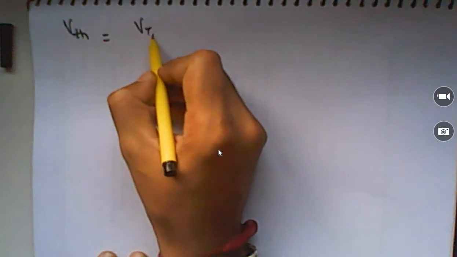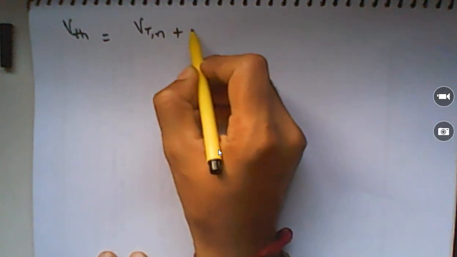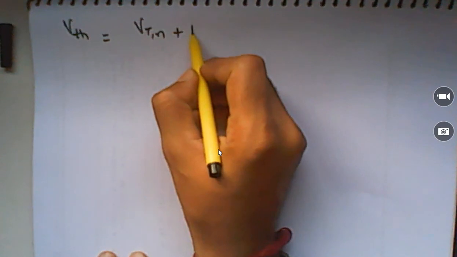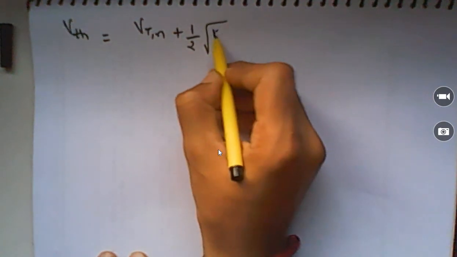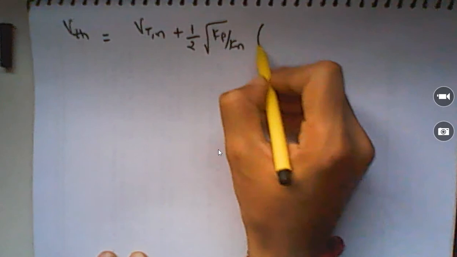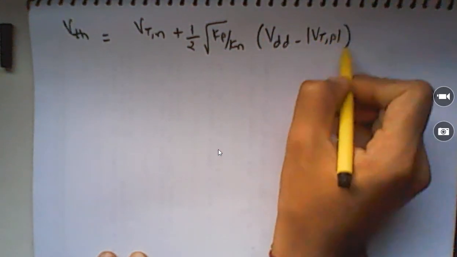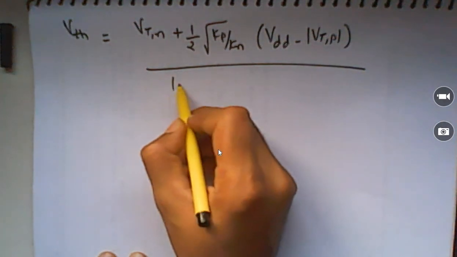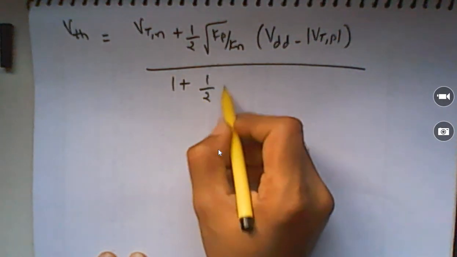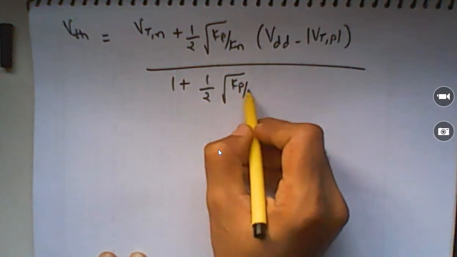So the equation for the NOR gate is VTN plus 1 upon 2 root of Kp divided by Kn times (VDD minus the threshold voltage VTP), divided by 1 plus 1 upon 2 root of Kp divided by Kn.